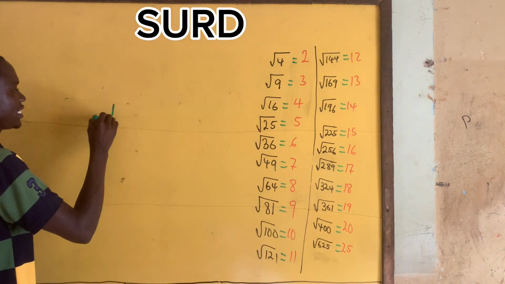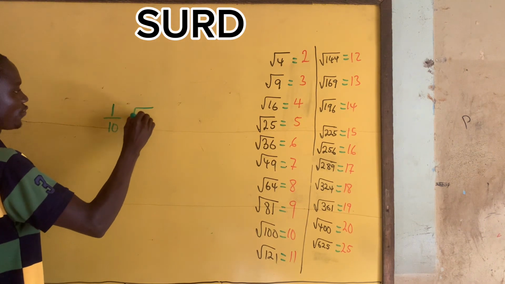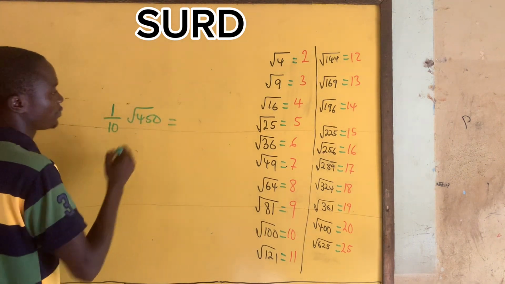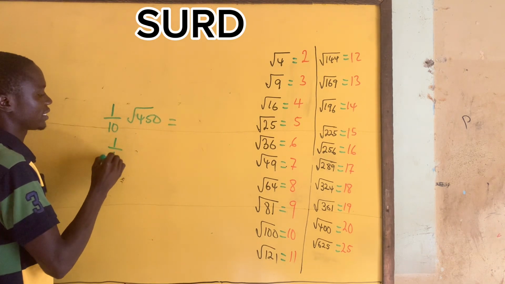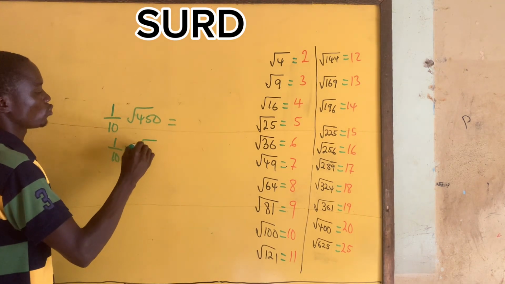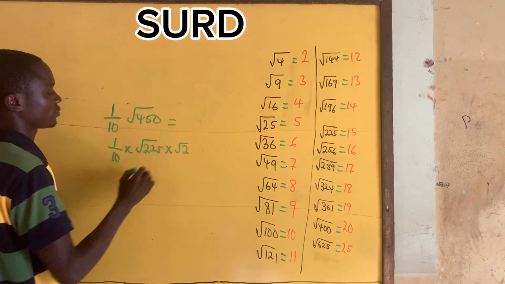So 1 over 10 root 450 will give me what? So this is 1 over 10 times root 225 times root 2.